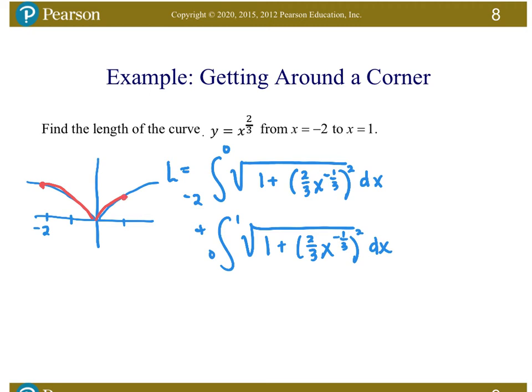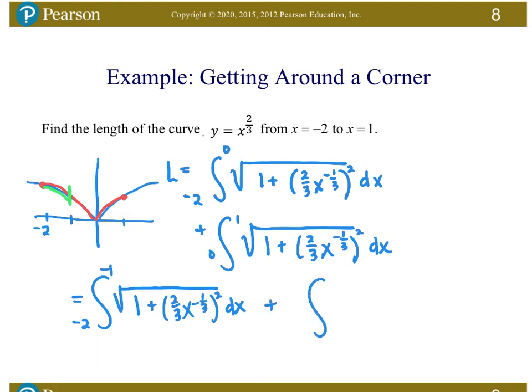You could also set it up this way and go from -2 to -1. That would be just this segment right here, kind of break it at -1, of the integral of the square root of 1 plus 2/3 x to the -1/3 quantity squared, and then break it up again into the next piece that goes to the origin.